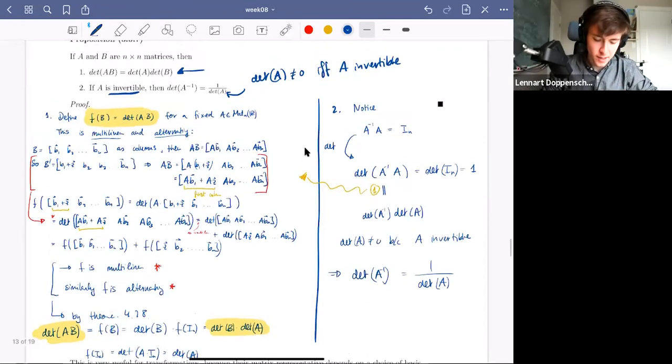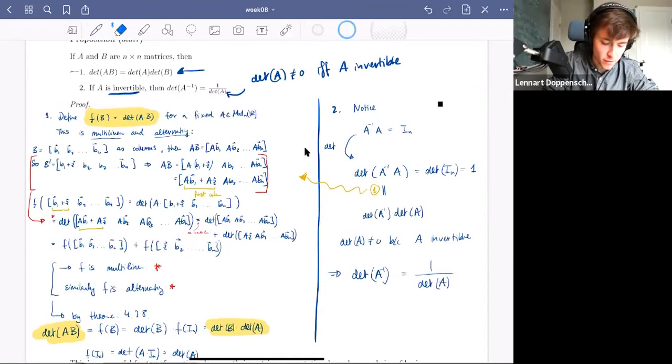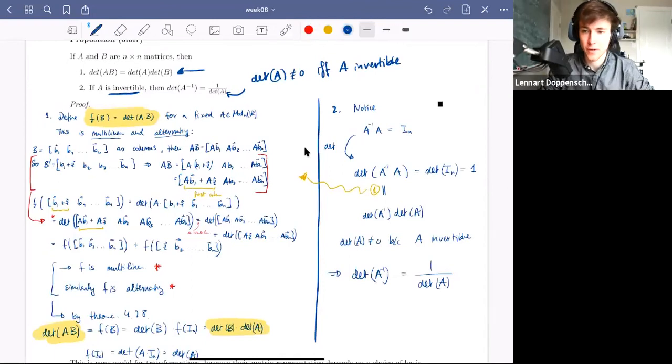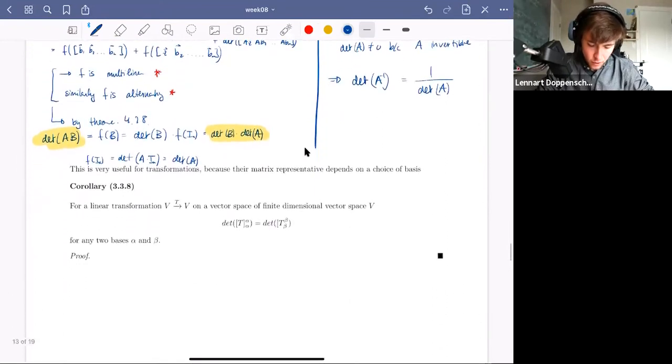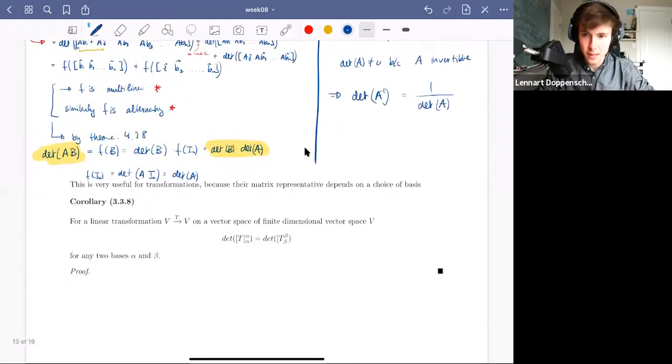So this property of having, actually both of these properties are very useful for transformations, because the matrix representing a transformation depends on the chosen basis. That's what we learned. But we also learned that when we change the basis, the matrix changes by conjugation.